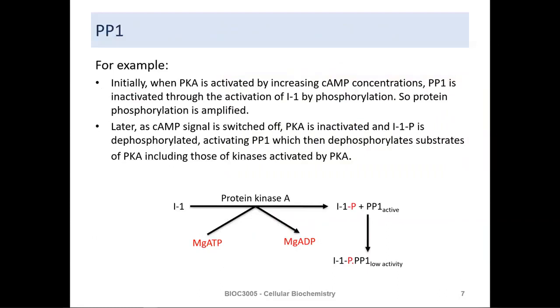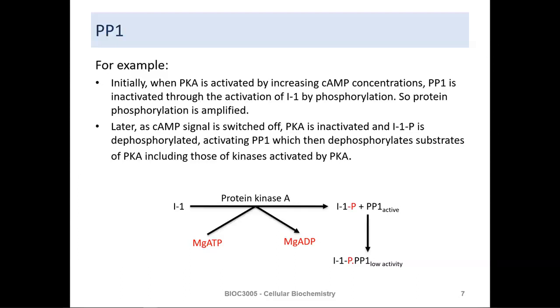We can take a look at the action of PP1 in this example. When protein kinase A is activated by an increase in cyclic AMP concentrations, the protein phosphatase 1 is inactivated.